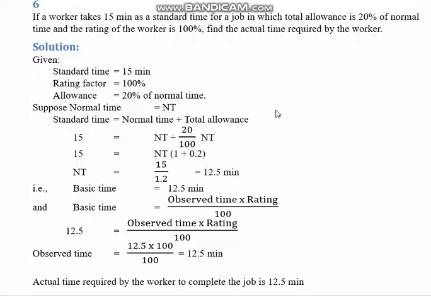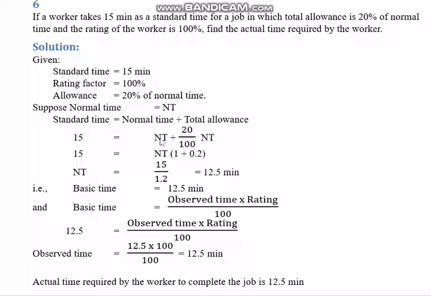What is asked is to find the observed time, the actual time. The standard time is 15 minutes and the normal time is what we don't know, but the allowance is 20% of normal time, so 20 upon 100.